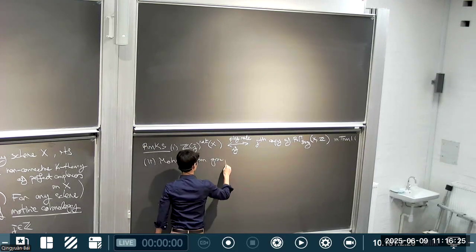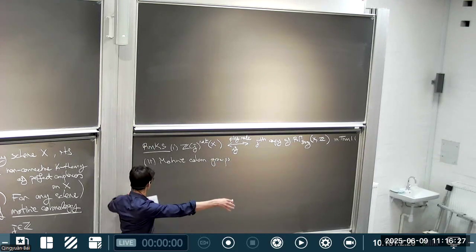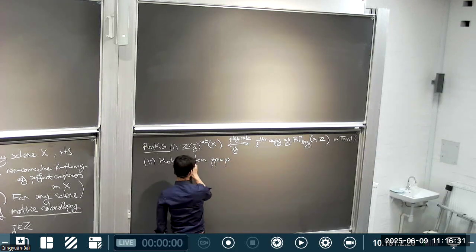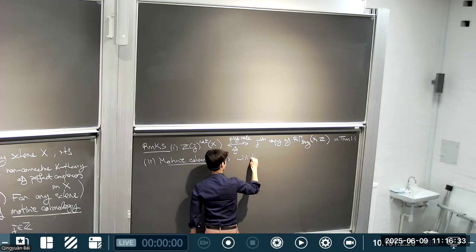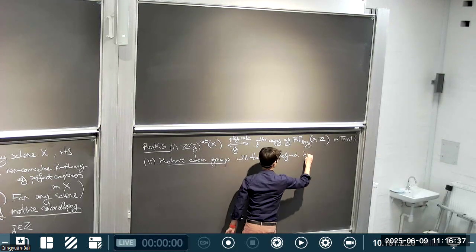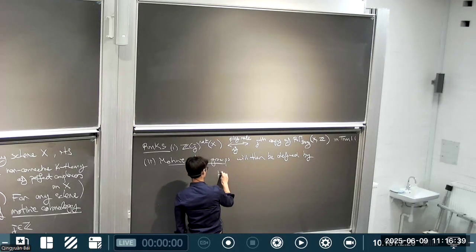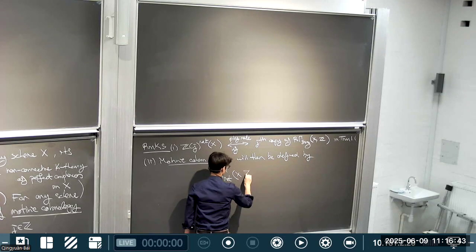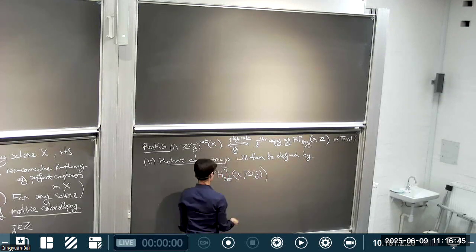And once we've got the complex, we define the motivic cohomology groups as the cohomology groups of these complexes. And this is the standard notation for this.